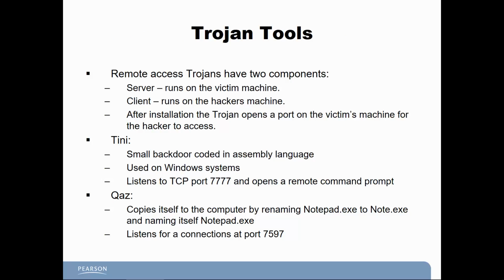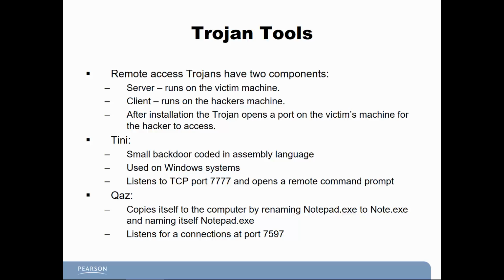Some Trojan tools. Remote access Trojans typically have 2 specific components: the server, which will run on our victim machine, and the client, which will be the node that the server connects to. After the Trojan is installed, the victim or the server will contact the client or hacker to allow access.